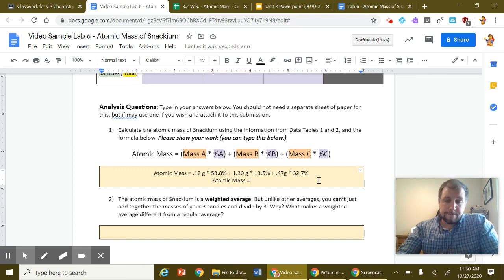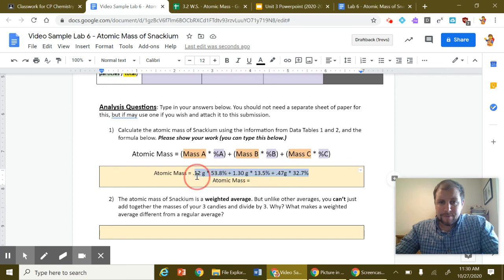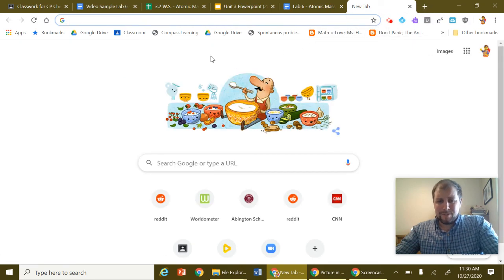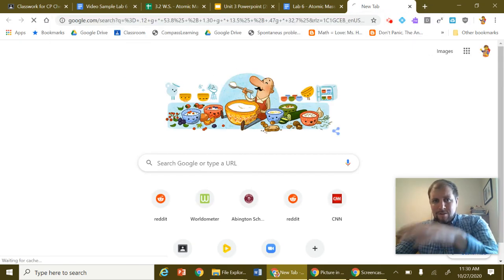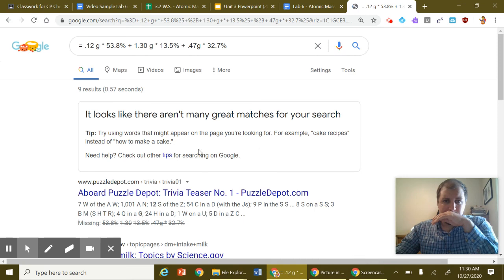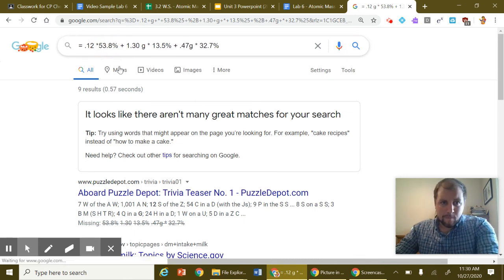In fact, I'm going to take a little cheater's shortcut. Can I just paste this into Google? What will you do, Google? We got to clean this up a little bit.